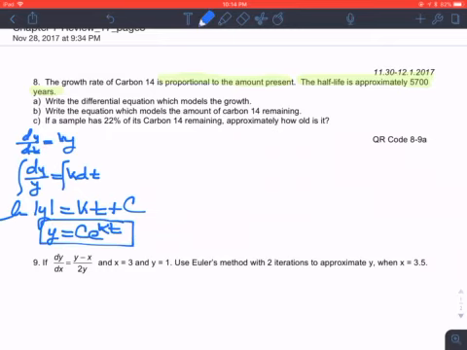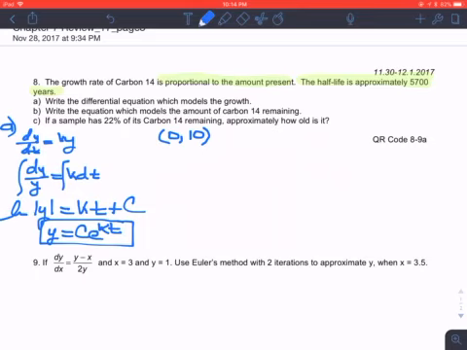Okay? Now, that was our differential equation that models the growth. So now it says write the equation which models the amount of carbon-14 remaining. So I want you to think about it. We never really specified how much you started with. So we're just going to say at time 0 we had 10 units. Okay?